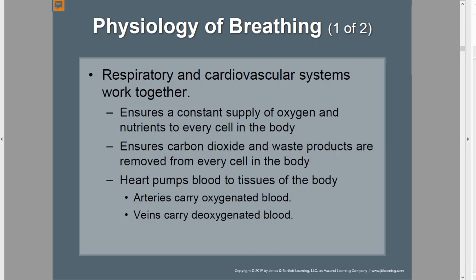Let's see here. Just remember, arteries carry oxygenated blood away from the heart. Okay. And all veins, except for one, carry deoxygenated blood. Which vein does not carry deoxygenated blood?